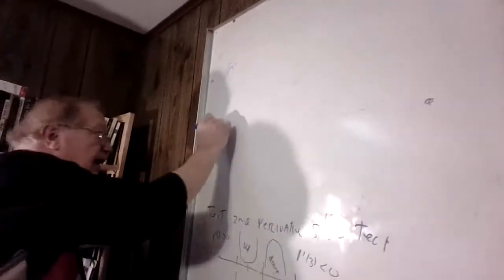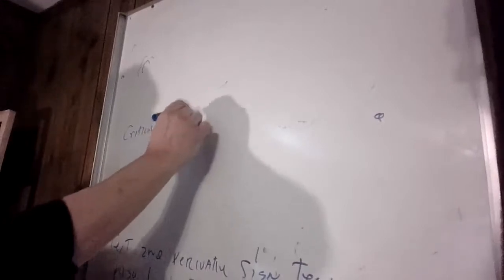All right. Is there any difference between an inflection point and a critical point? That is the question. Yes. For a critical point, you set the first derivative equal to 0.